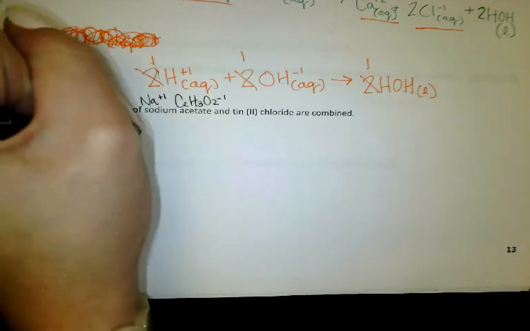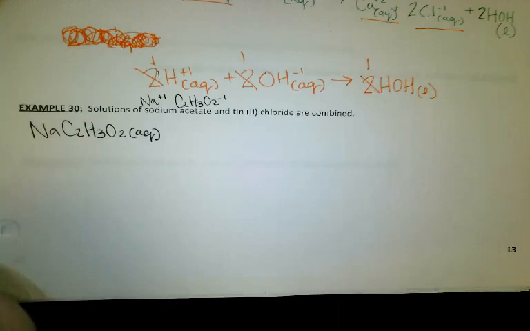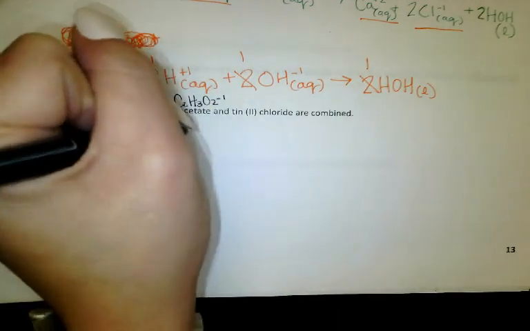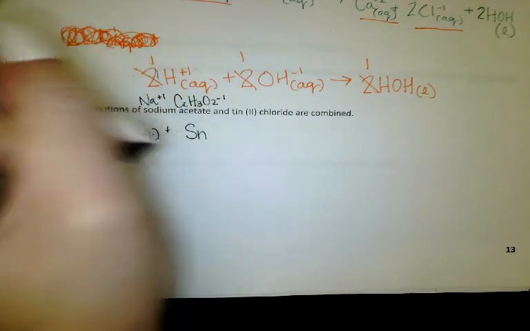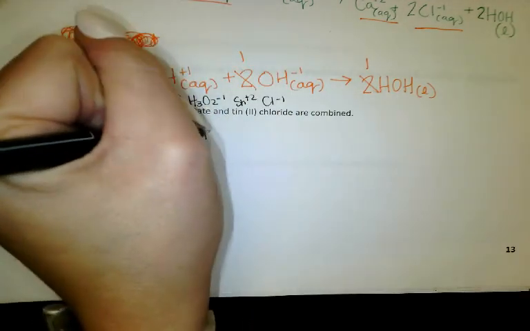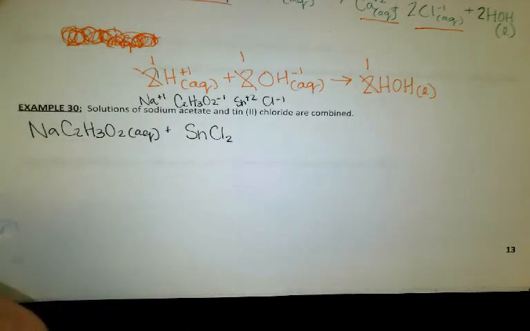Plus tin(II) chloride, so Sn, that Sn is +2, chloride is chlorine -1, so it's SnCl2. And that's going to be aqueous also. How do I know that? How do I know sodium acetate's aqueous?